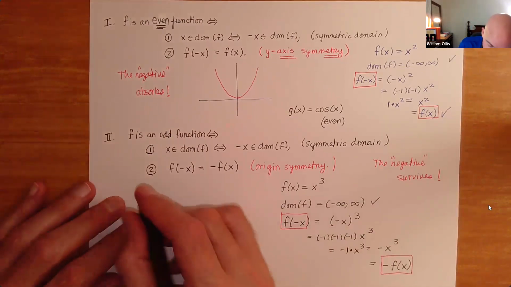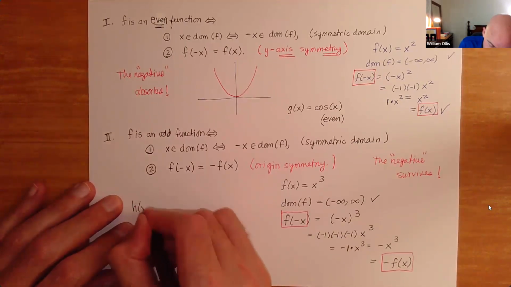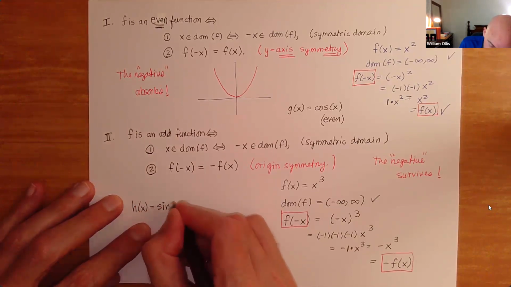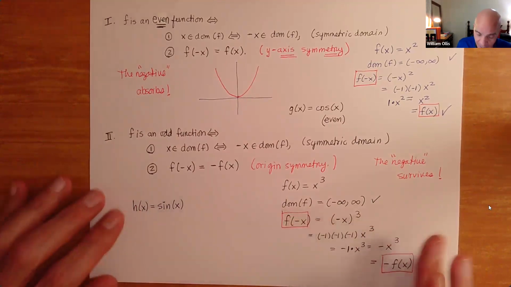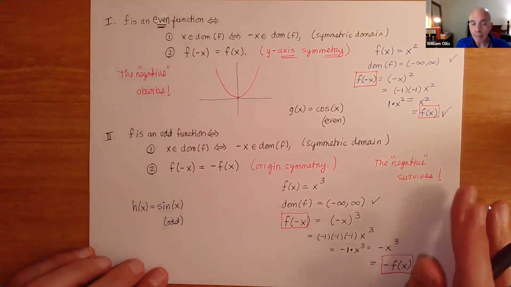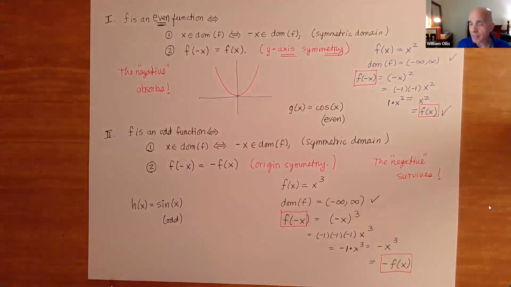And then, of course, just as a little extra, h of x, when you study trigonometry, the sine function will be a very, very famous example of an odd function. And this is really the backbone of Fourier analysis. Joseph Fourier revolutionized convergence by writing functions as infinite series of sines and cosines.